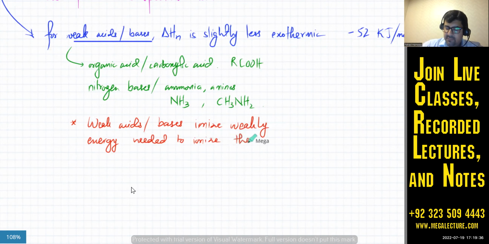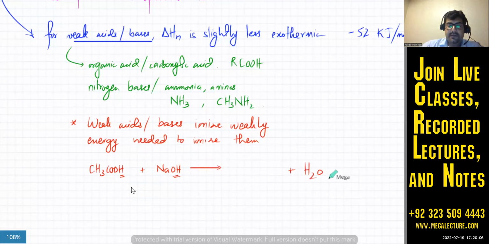produce H+1 ions. For example, if I do a reaction of ethanoic acid with NaOH, the ionic equation is the same. The acid will produce H+1, the base will produce OH ions. The H+1 from the acid will combine with the OH ions and they're going to produce water.